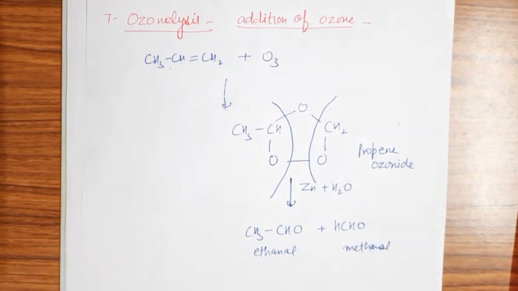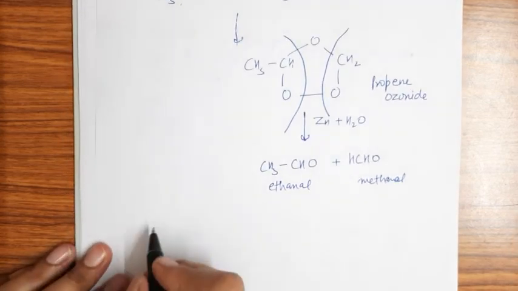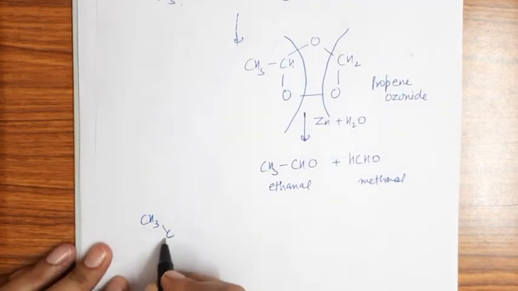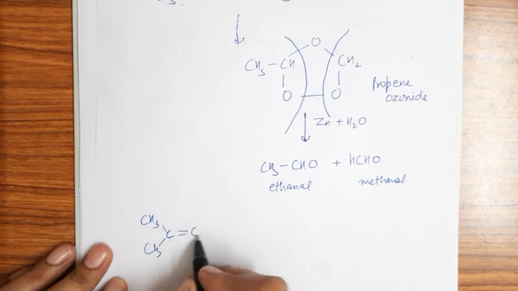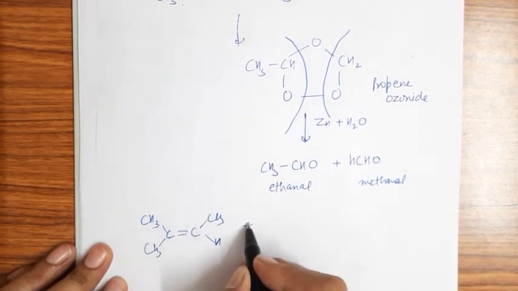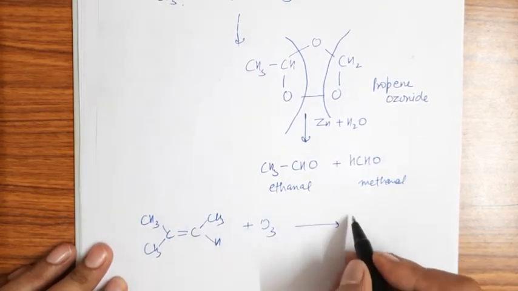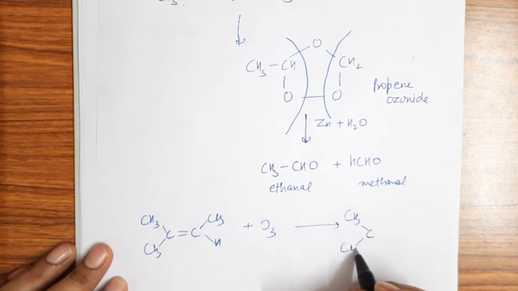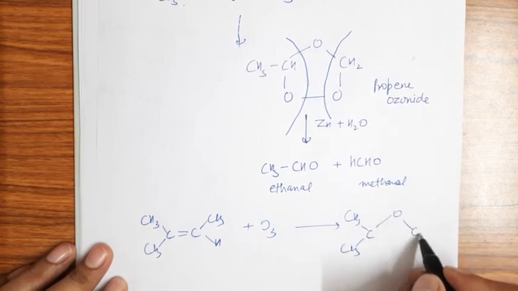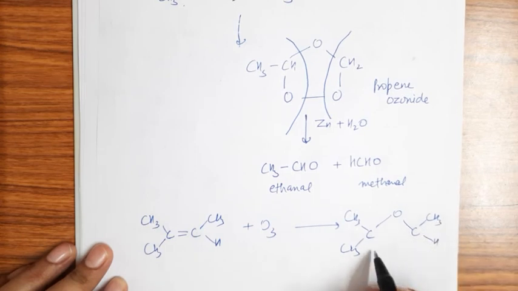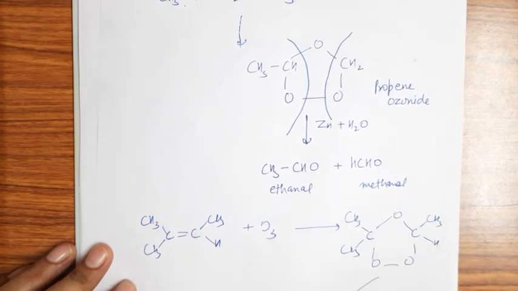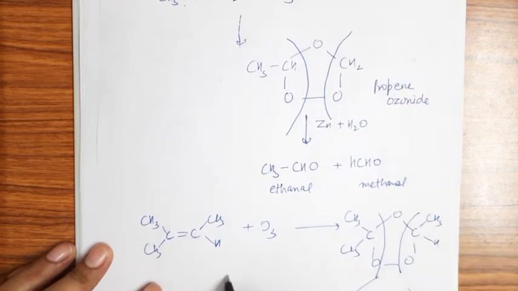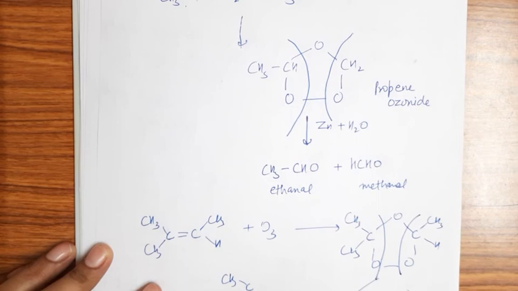You can do the same reaction by using different compounds. So I'm taking this one, see what will be the product. (CH3)2C=CHCH3, addition of ozone molecule, ozonide is formed, Zn plus H2O, breaking from here, CH3-C-CH3 double bond O and CH3CHO.